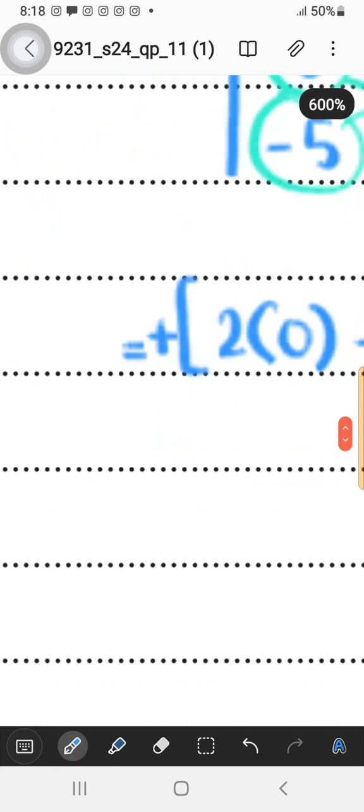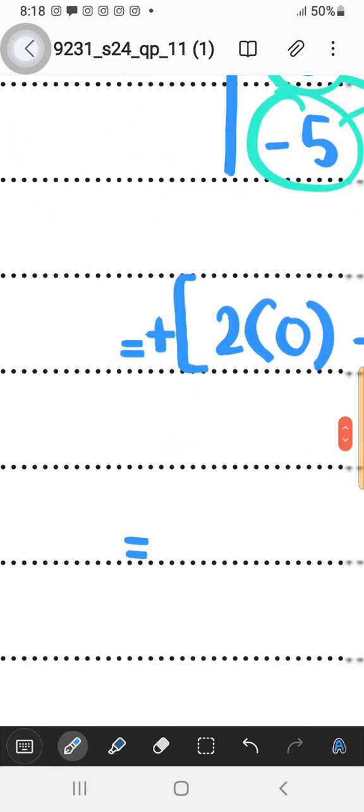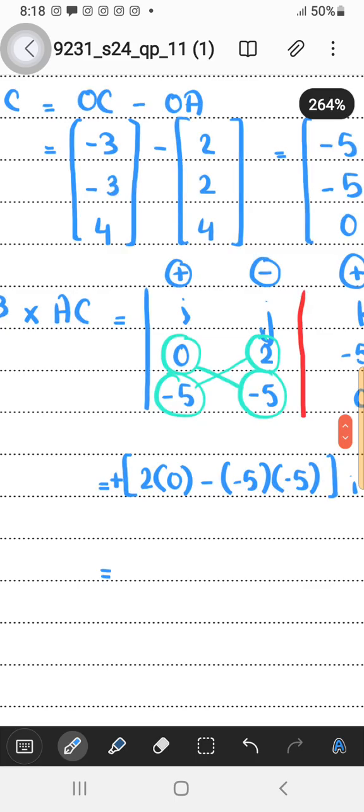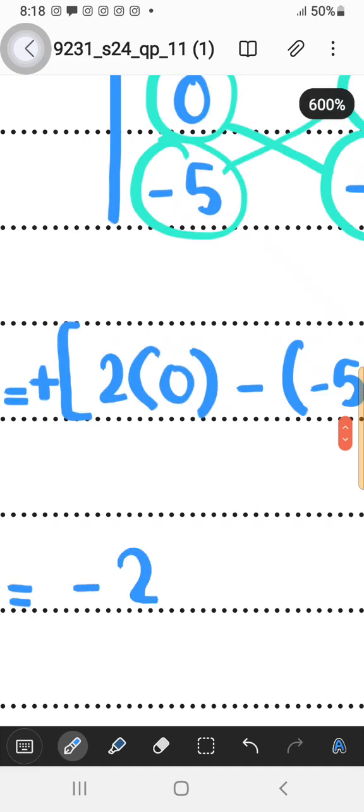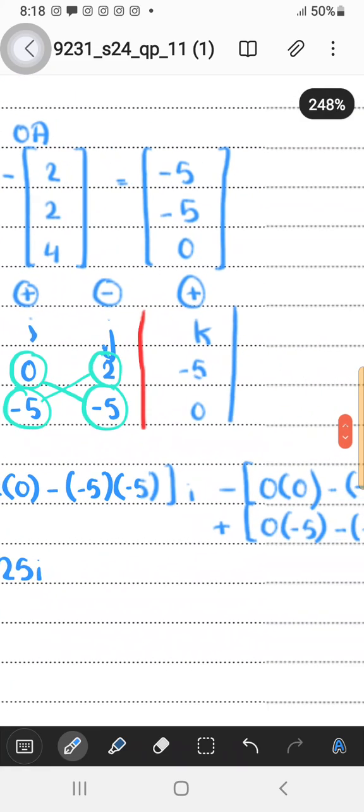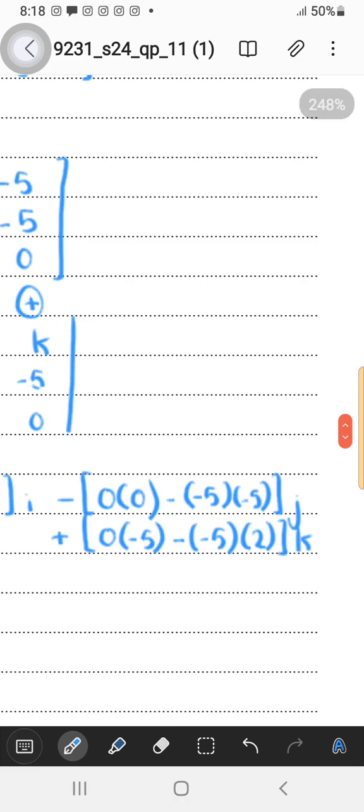Now we will find i first. If we insert this bracket into the calculator, we will get our negative 25i. Then we will find out j.